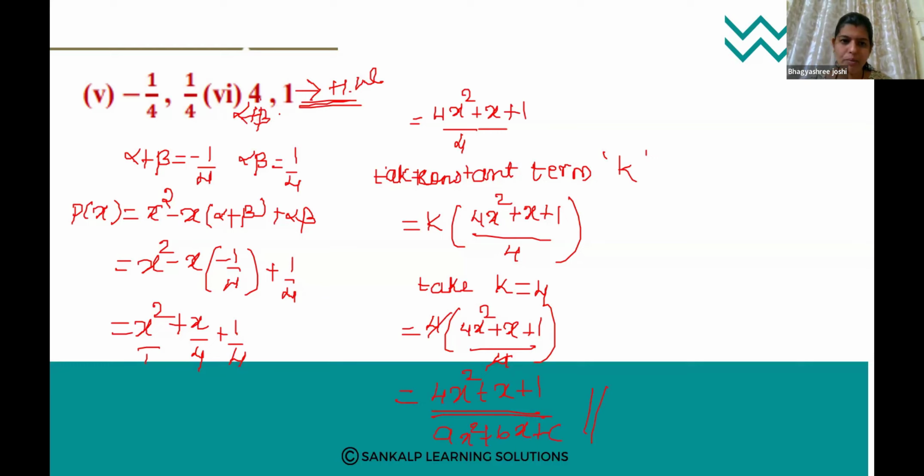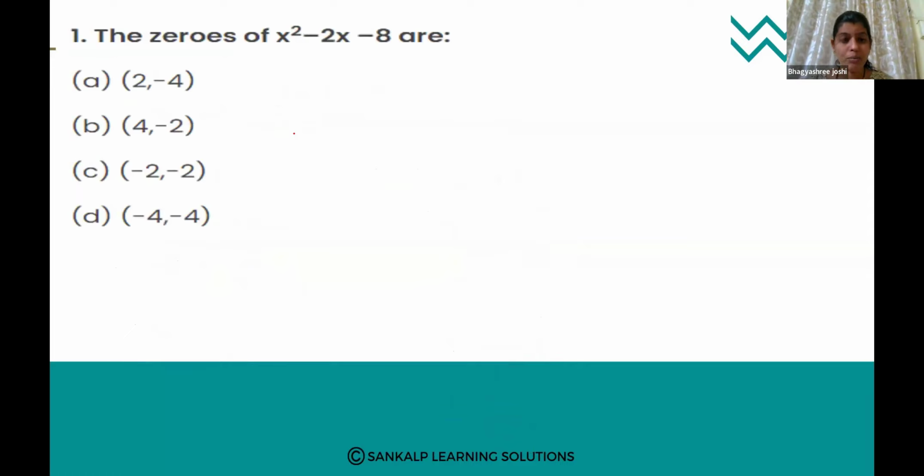Substitute the value of alpha plus beta and alpha into beta into this expression. Then you will get the required polynomial. You will do it, right? So next, shall we move to the next problem? Now we'll solve some multiple choice questions. All are ready? Yes, dear children, all are ready?